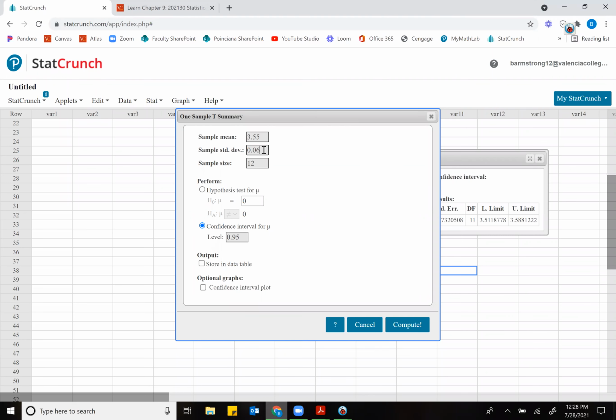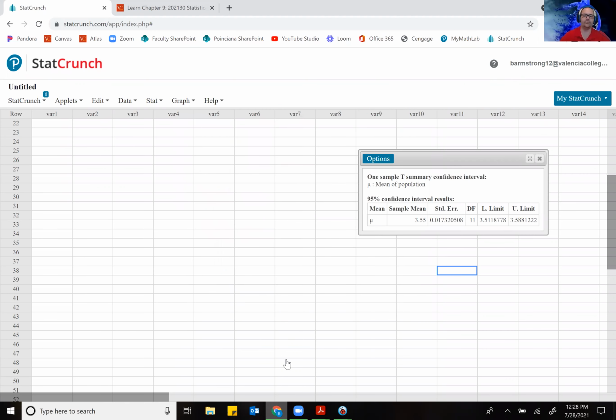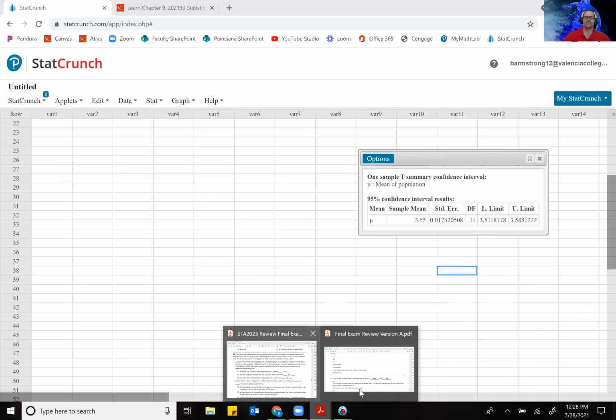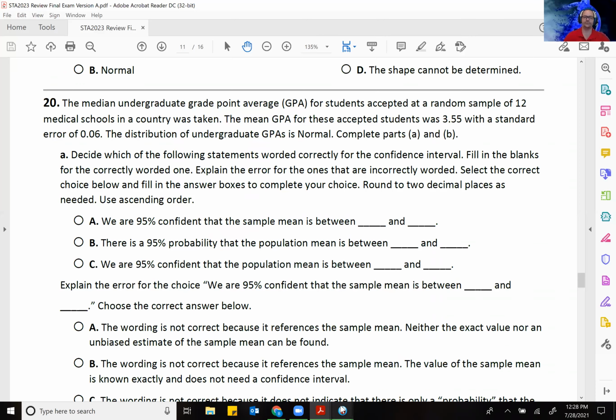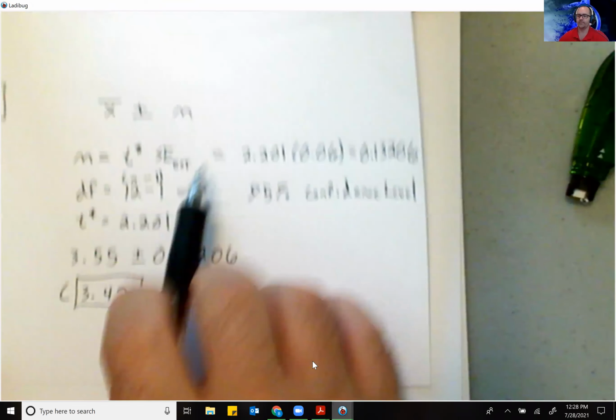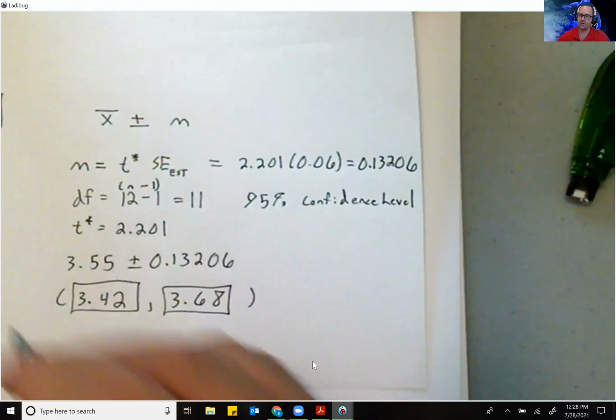So I did 0.06, the standard error, square rooted by the... Oh, you went back. Okay, I get what you're saying. Let's do that real quick. Technically we kind of call the standard error the standard deviation for the problem, but yeah, going back, this standard error has its own little formula.